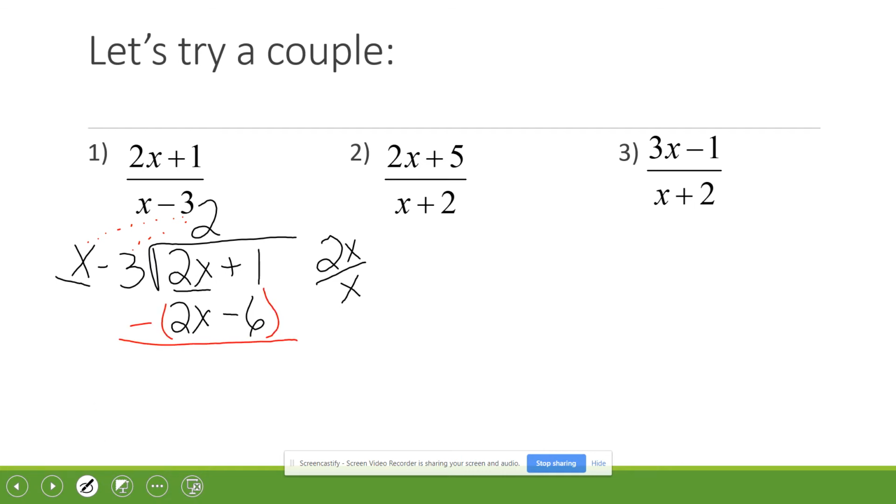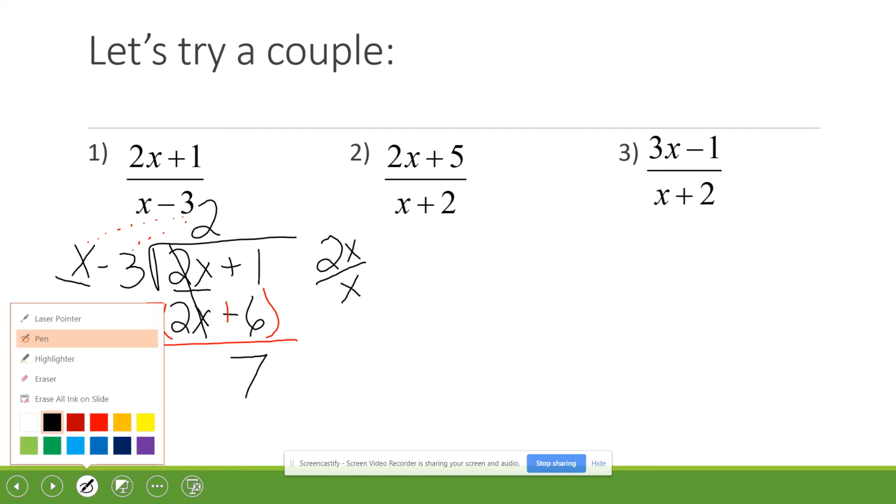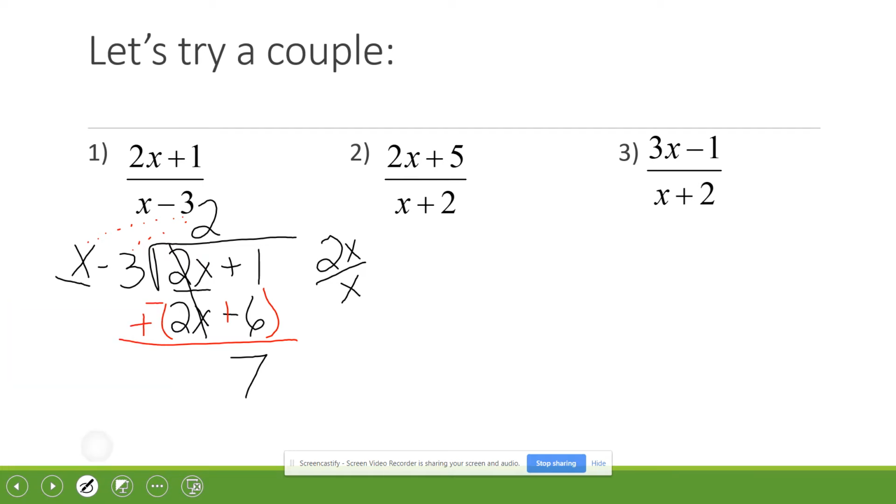This is subtraction. So I'm going to go ahead and change my signs by distributing that negative. 2x minus 2x is 0, and 1 plus 6 is 7. 7 is our remainder. So now, basically, you're going completely backwards, bottom to top, to rewrite it as an equation.